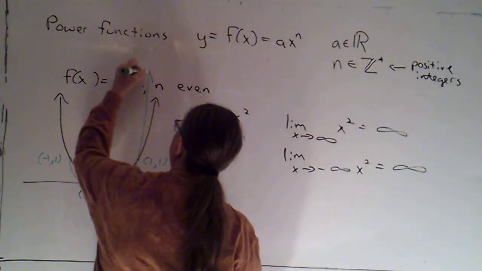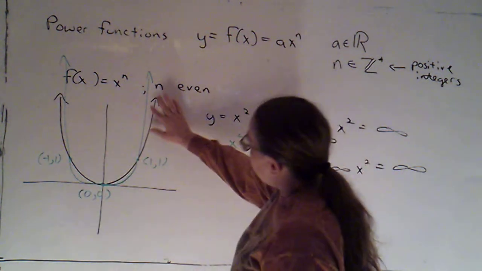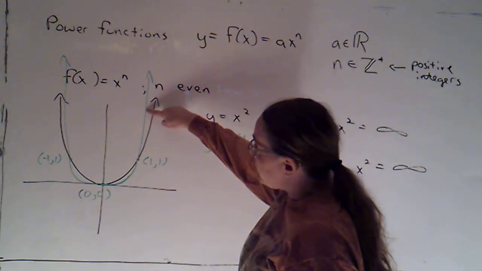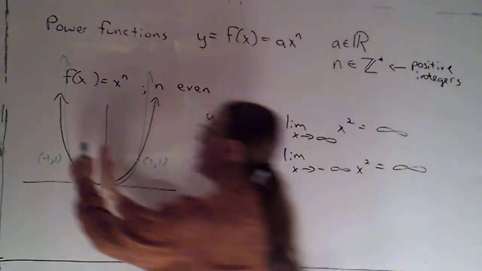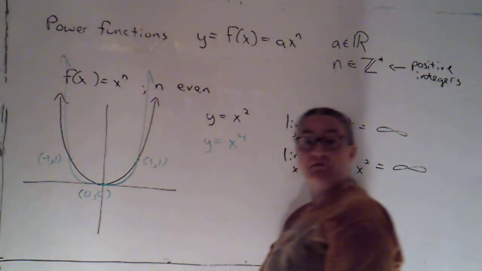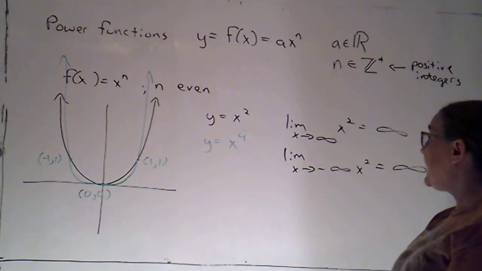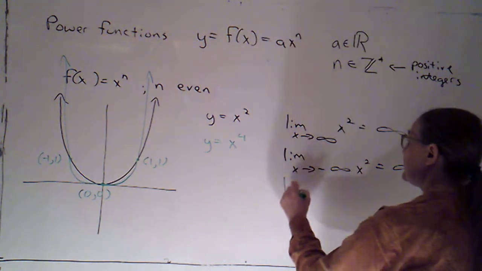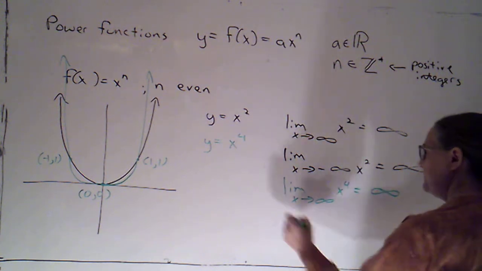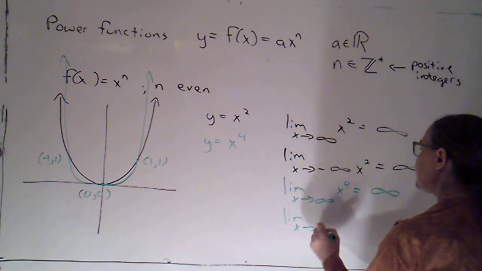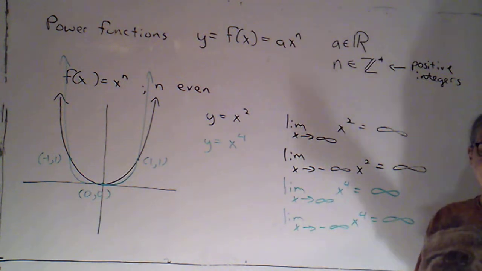So now I can see x to the 4th is higher up than x squared once we're to the right of 1 or once we're to the left of negative 1. But it's basically the same end behavior. Okay. So the limit as x goes to infinity of x to the 4th is infinity, and the limit as x goes to negative infinity of x to the 4th is also infinity.